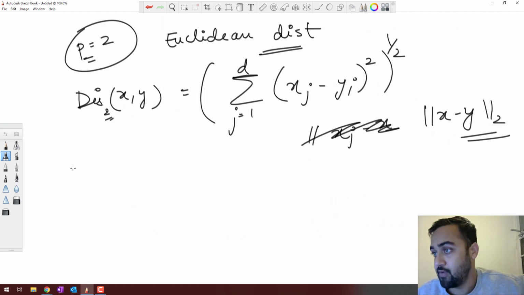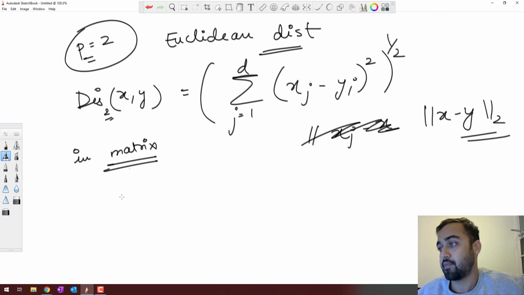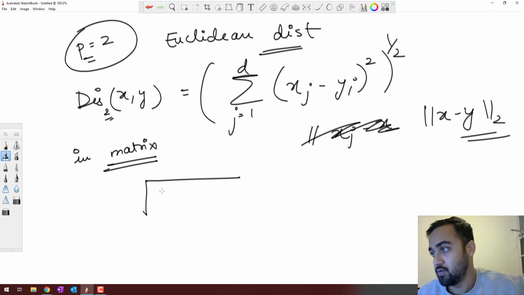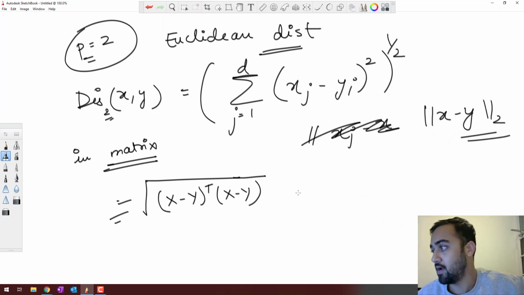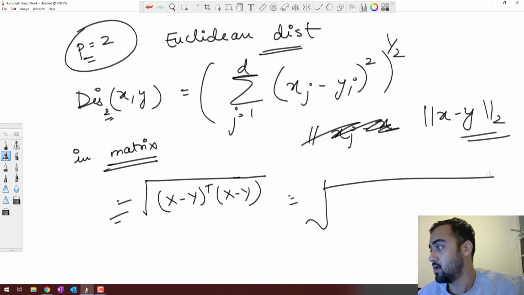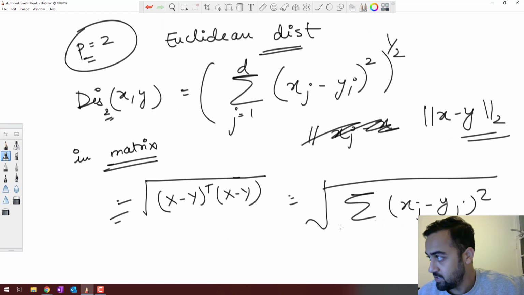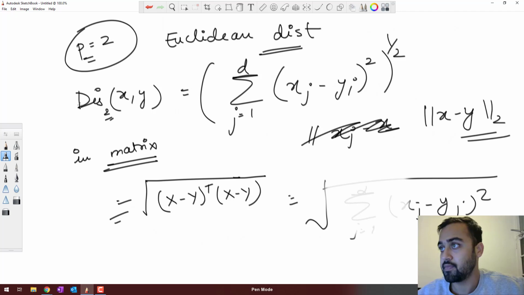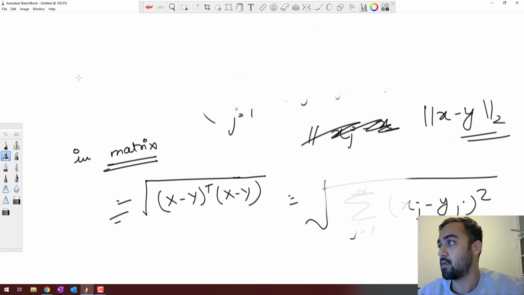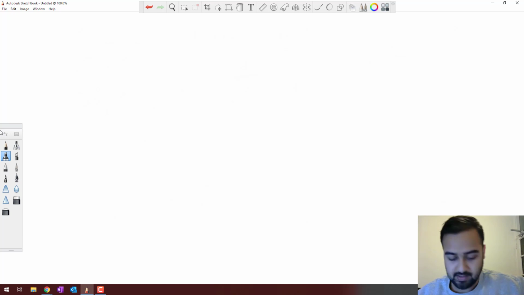If we want to represent this in matrix notation, this would be the root of x minus y transpose times x minus y, which is also equal to the root of sigma of xj minus yj squared, where j goes from 1 to d. So this was basically your Euclidean distance.